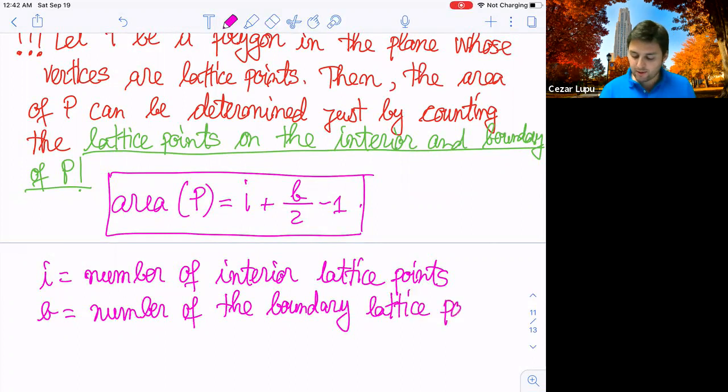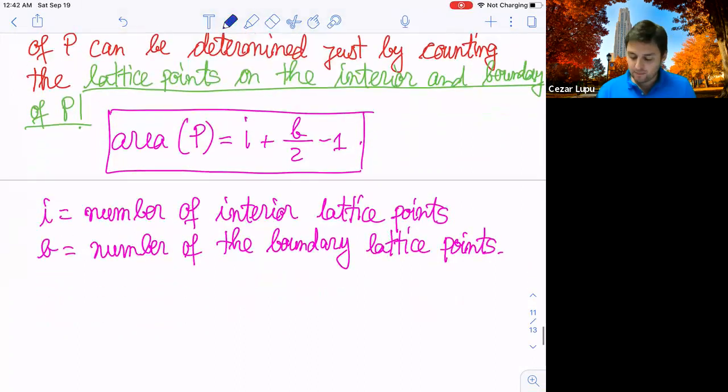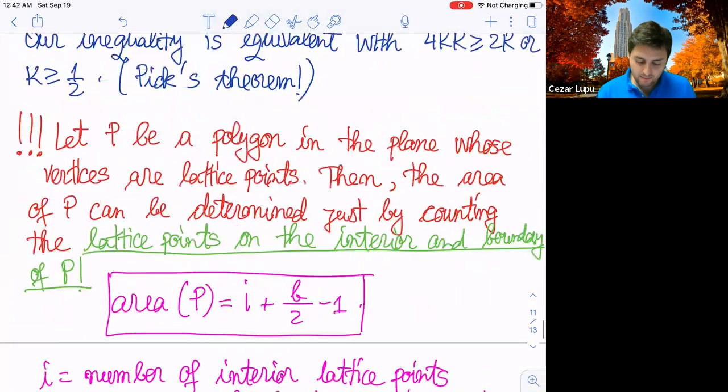And from here, I'll leave it to you to show that if I have a triangle, then the area is at least 1/2. I'll leave it to you as an exercise, and that would be it.